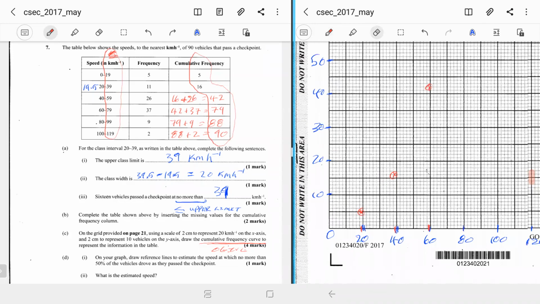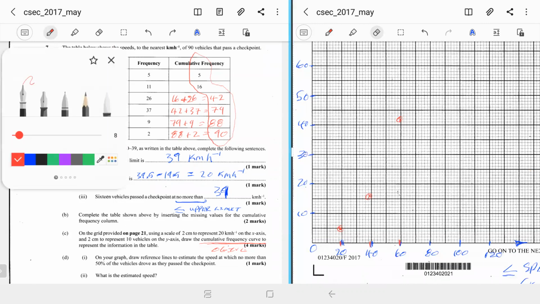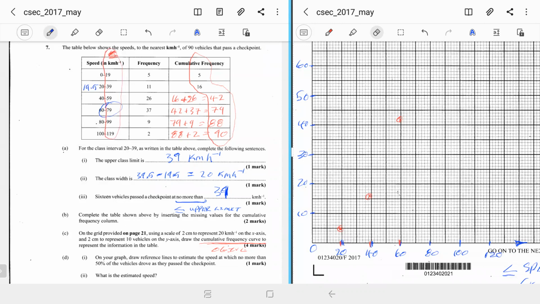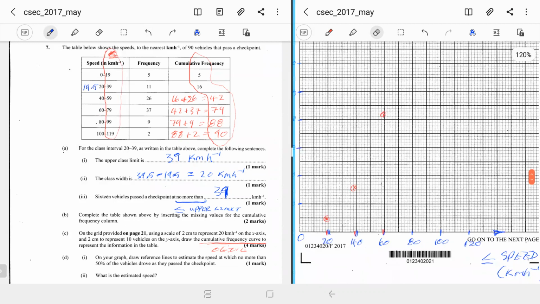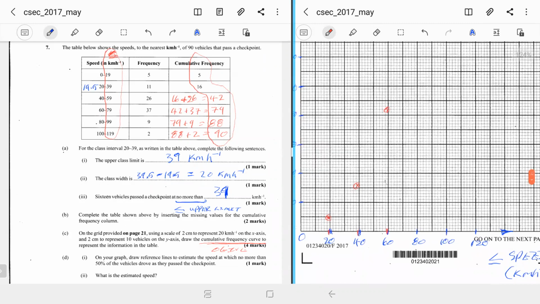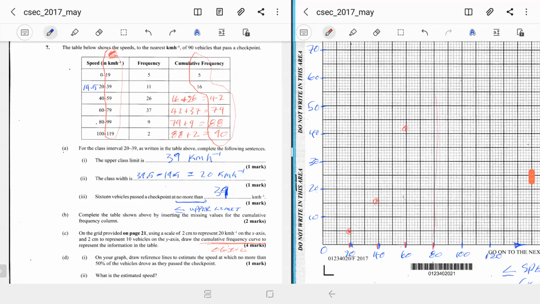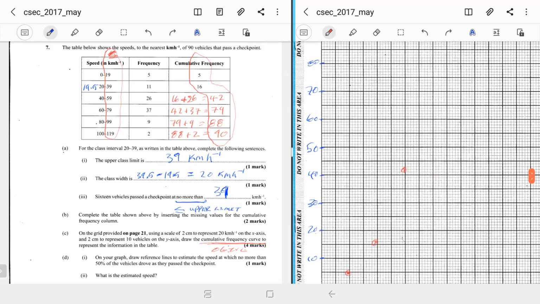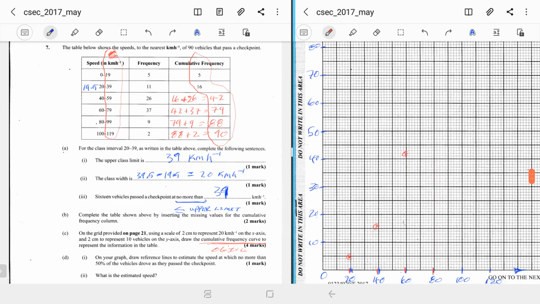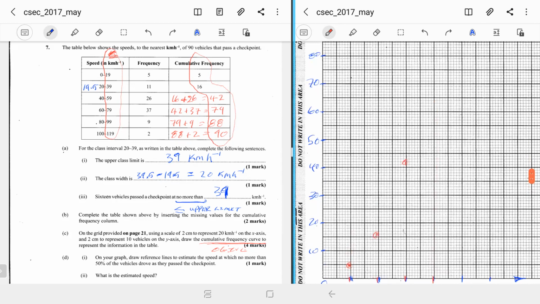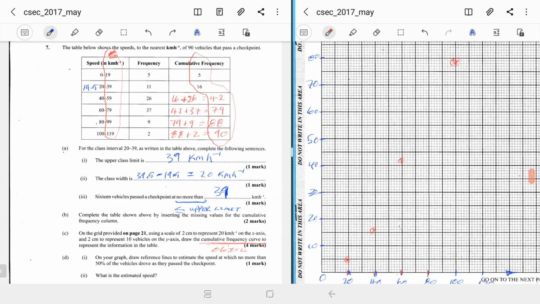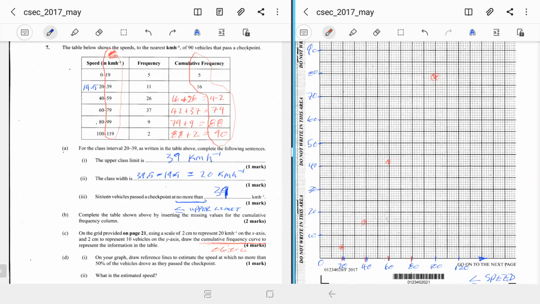All right. Next one is 79. Wow, what a coincidence, 79. 79 is right here, going up in front of this line to 79.